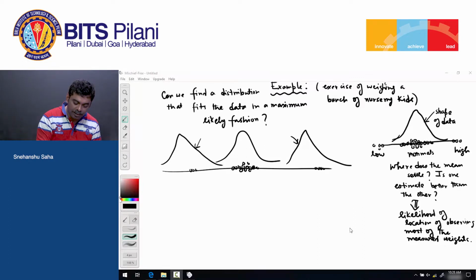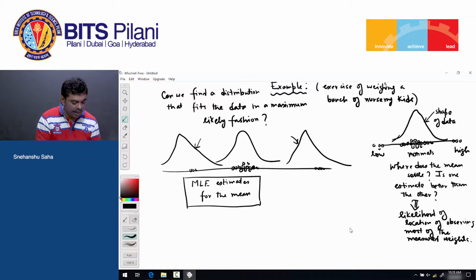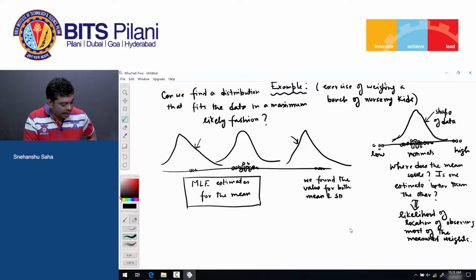So to summarize, the framework is like this: we have the MLE estimates for the mean, and what we also have is that we found the value for both mean and standard deviation, right?